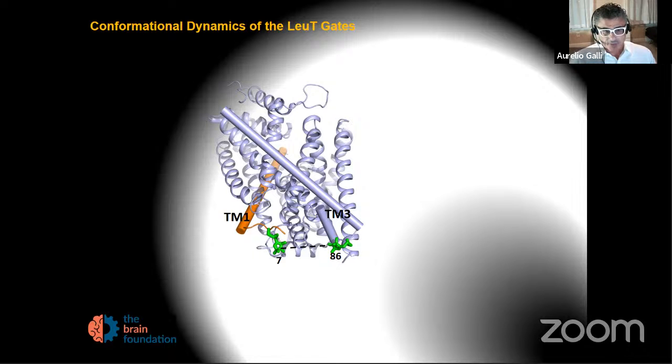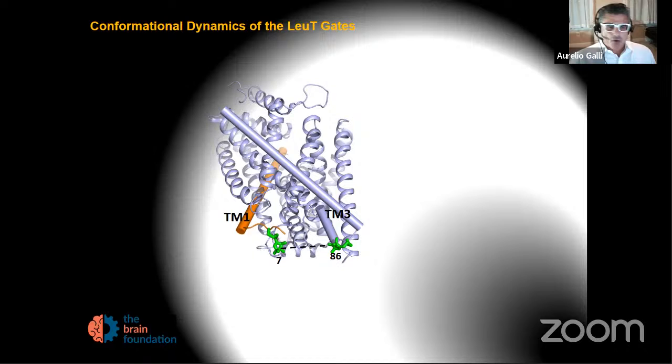We engineer cysteines that are spin labeled, and EPR allows you to monitor the distance of these cysteines, which we use to look at the intracellular gate or the extracellular gate of the bacterial homologue of the dopamine transporter. And we look at how these mutations are affecting the movement of the intracellular gate or the extracellular gate of this protein.